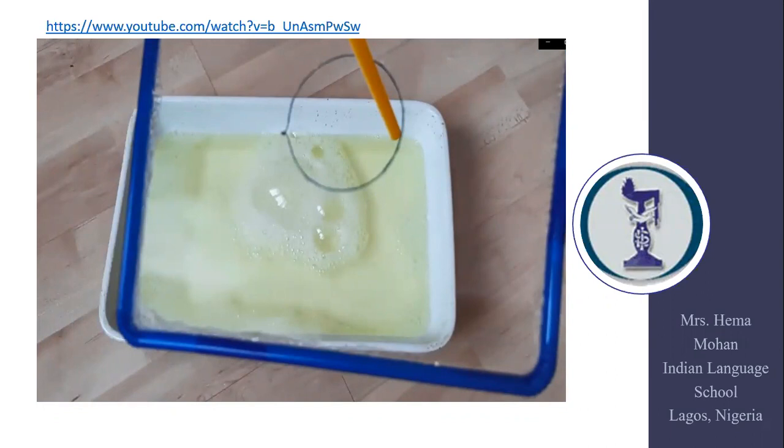So the forces that are acting outside the loop are pulling it, stretching it to the maximum, forming a circular loop that was initially of an irregular shape. Another example to show that the liquid surface is pulling apart. They are pulling each other in towards each other because of the cohesive forces.